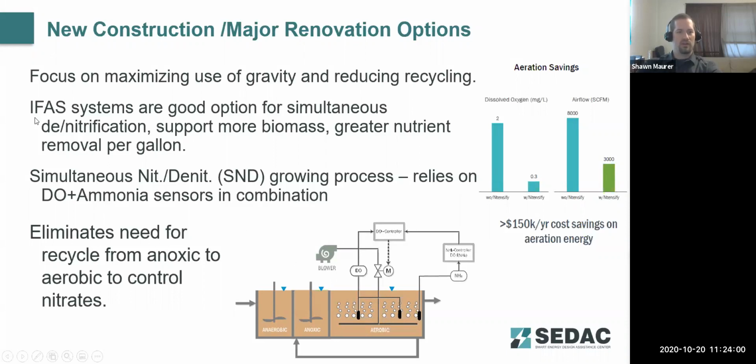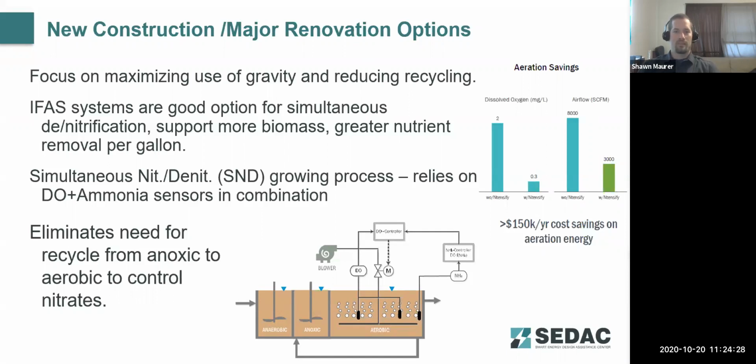Integrated film activated sludge systems are a good option for simultaneous nitrification and denitrification. They support a larger biomass and have a greater nutrient removal per gallon because of that higher biomass. They're also more resilient against washout during higher flows because your biomass is adhered to a substrate, so it can't just flow out in the effluent stream.